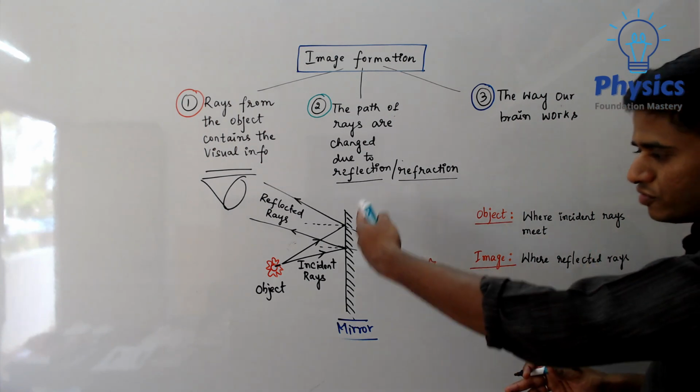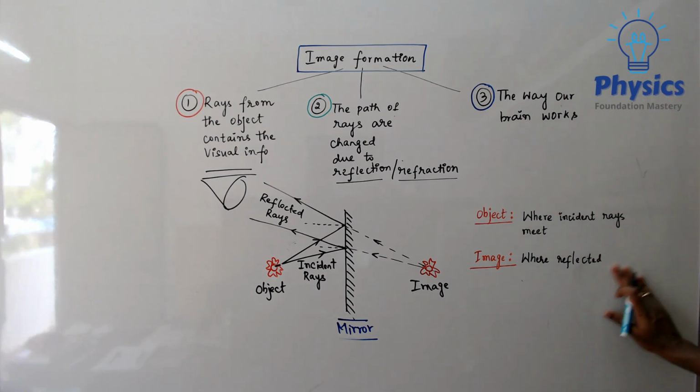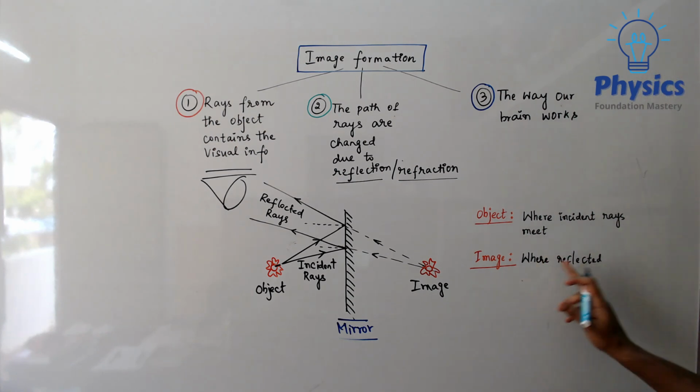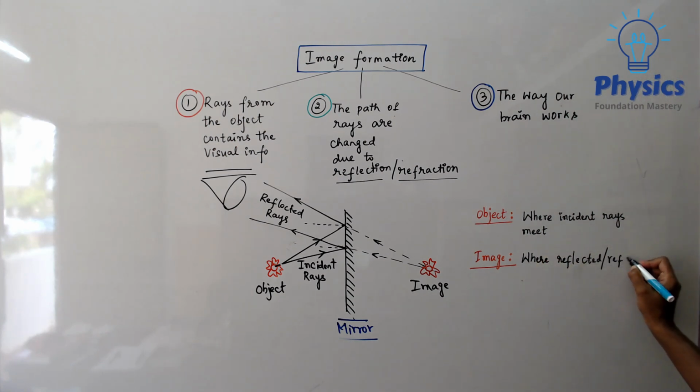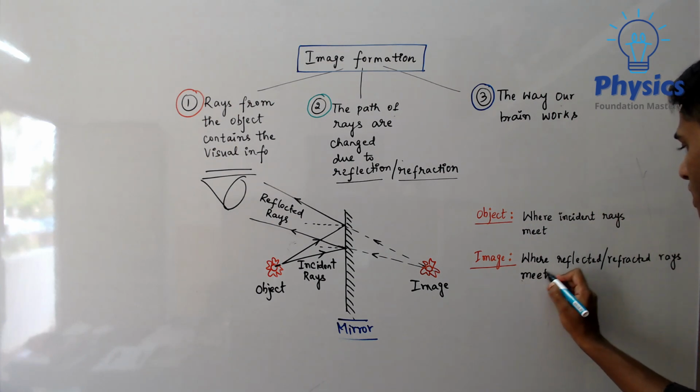However, if you have a lens here, then you have to say refracted rays. So let me put both of them together: where reflected or refracted rays meet. Alright.